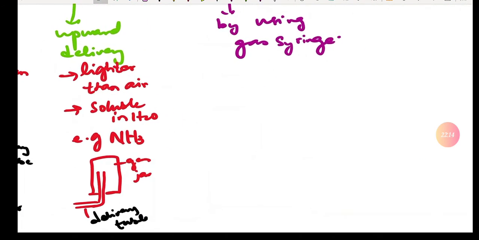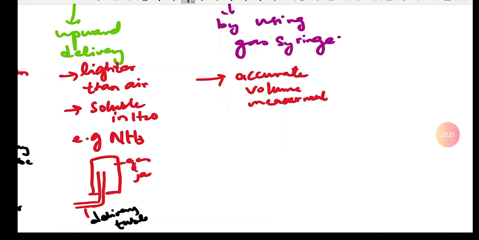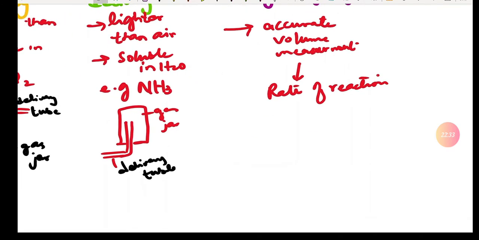Let's talk about the gas syringe. What is the purpose behind it? It is used for accurate volume measurements, and usually for rates of reaction, such reactions in which the rate of reaction depends on the volume of a gas produced.